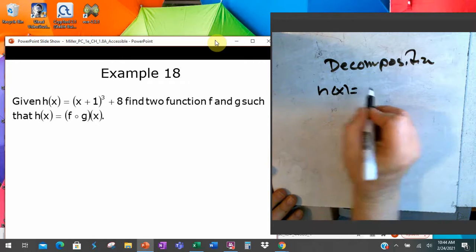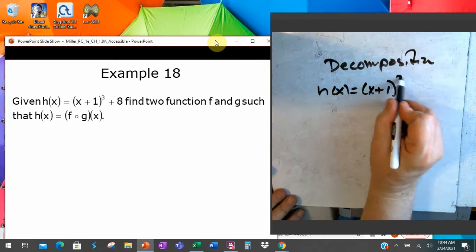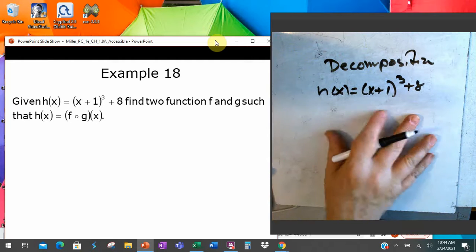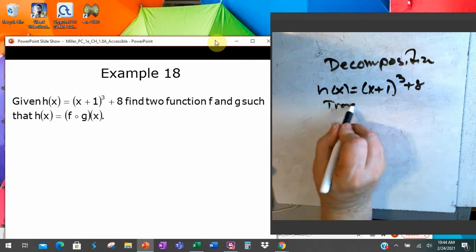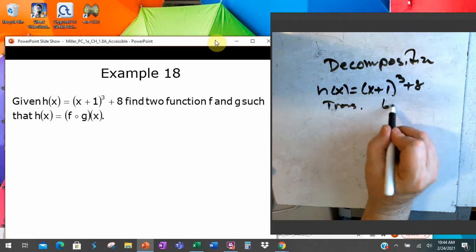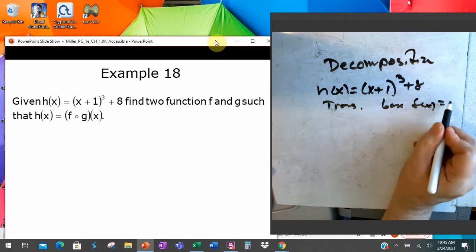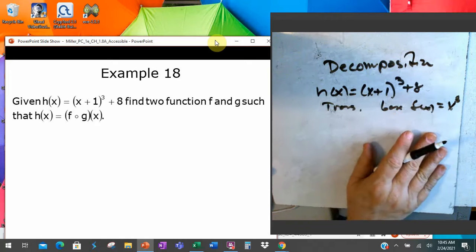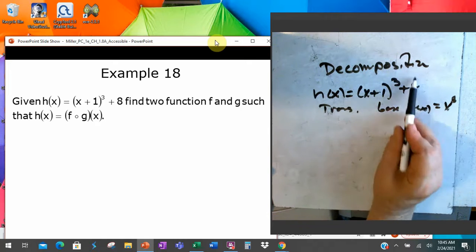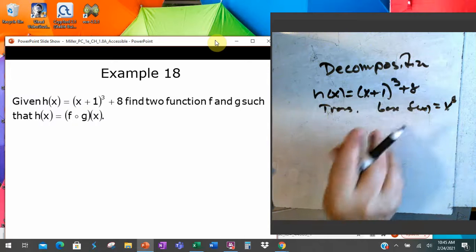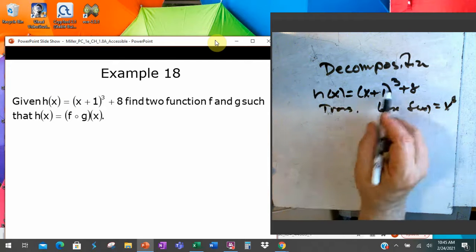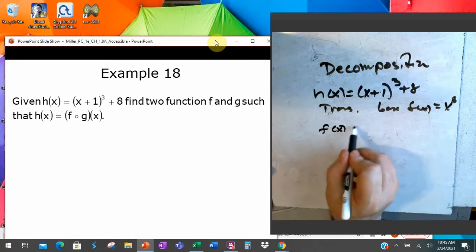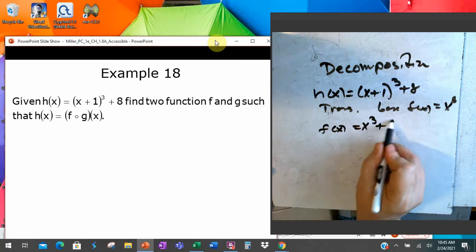So if I have this, think of this stuff as, if I was doing transformations, what would that look like? Well, the base function is just x cubed. The biggest thing I see is some cubic function. And then I would say shift left by 1, up by 8. But here I want to consider a composition of two functions. So I want to start with f of x equals x cubed plus 8.